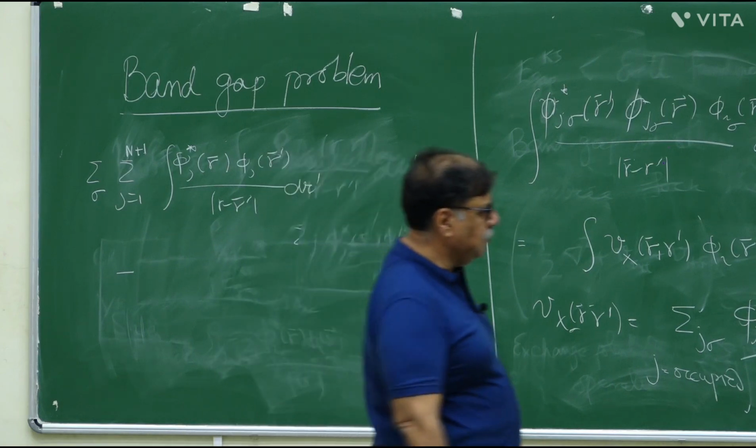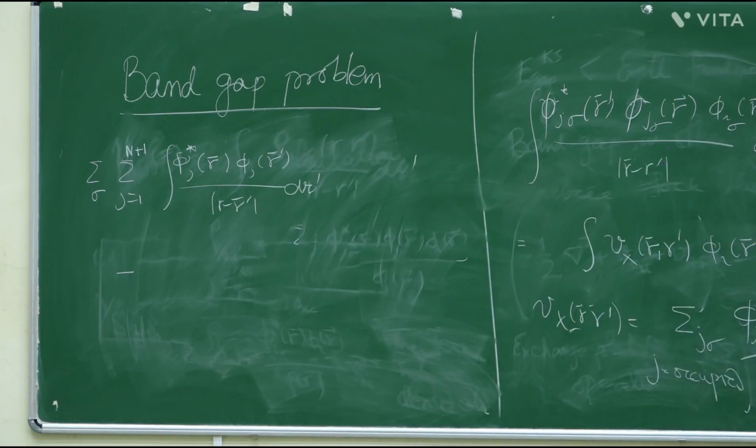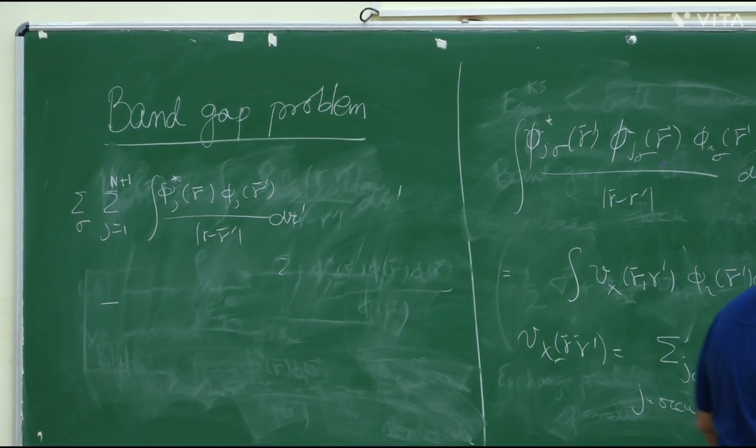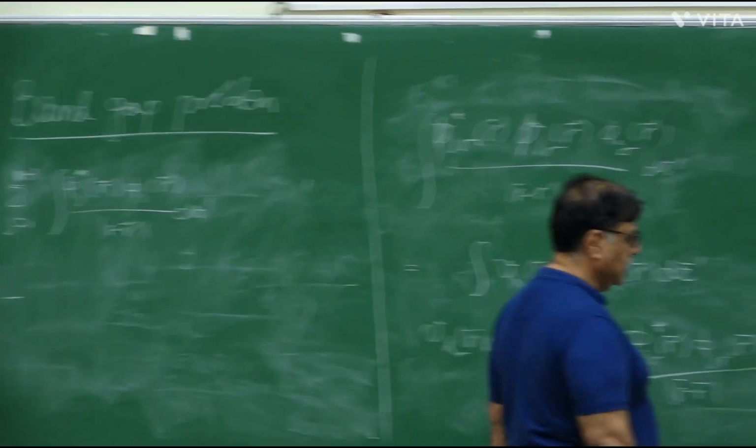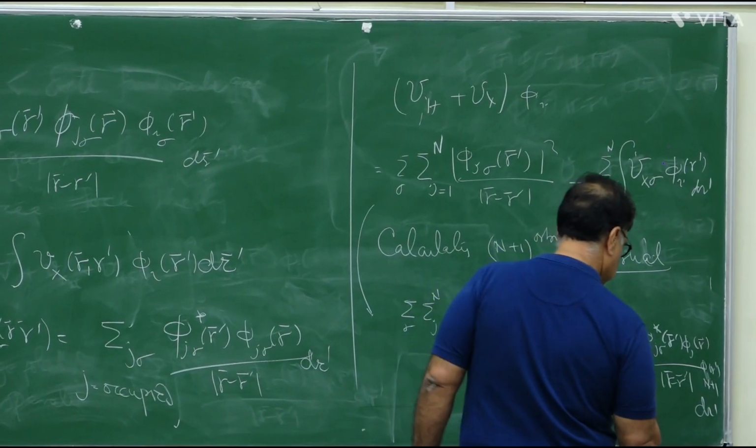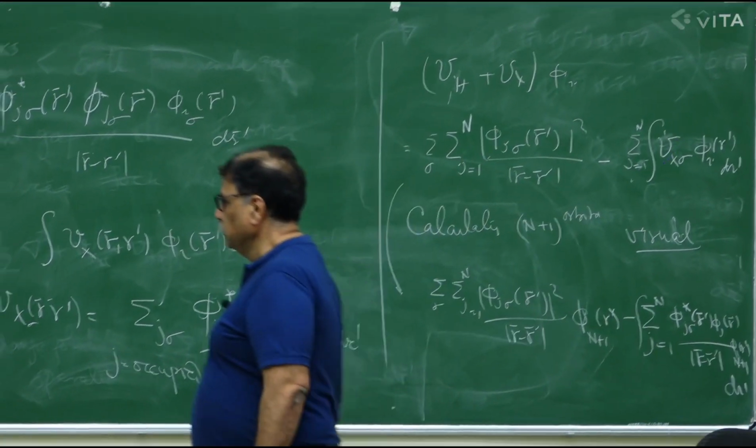Minus, I'm doing it for the n plus 1th orbital, right? So what I can do is, if I do it up to the n plus 1th orbital, this is j star.